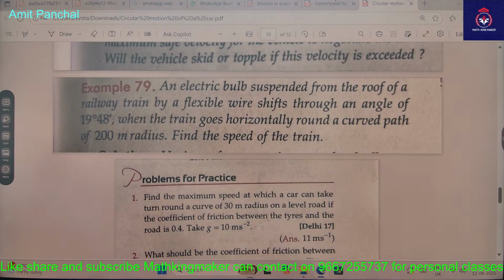Try to make the FBD. After making the free body diagram, just show me.